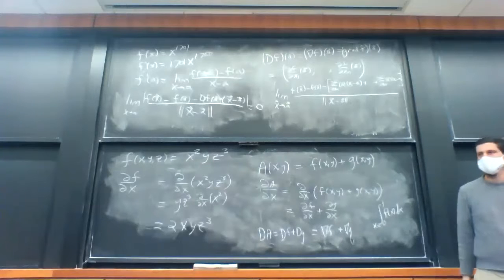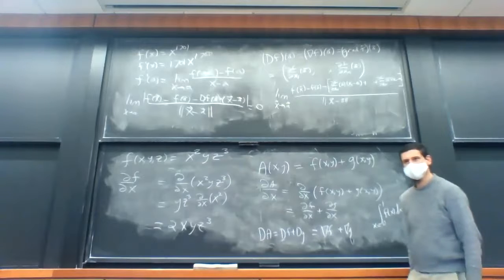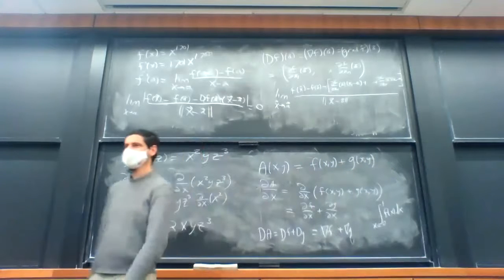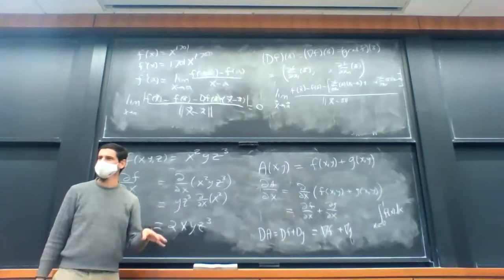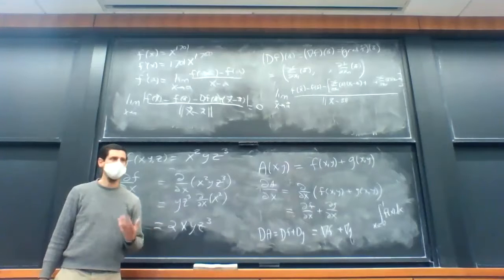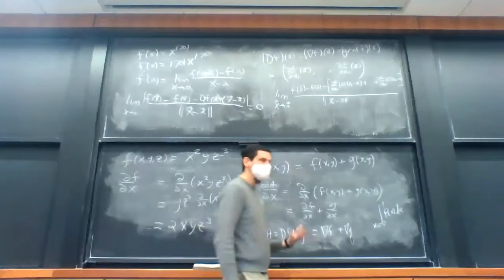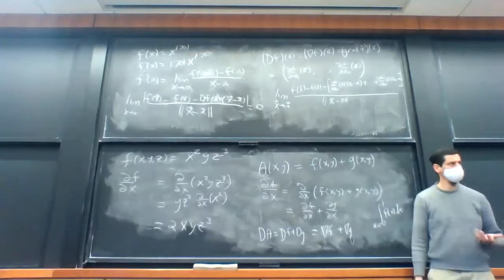Another way of looking at it is how do you convert from yards to feet? Yes, I started in yards and I want to go from yards to feet. 1 yard is how many feet? 3. So if I measure things in feet rather than yards, my speed is going to look 3 times faster.